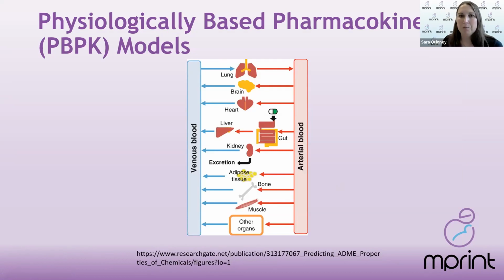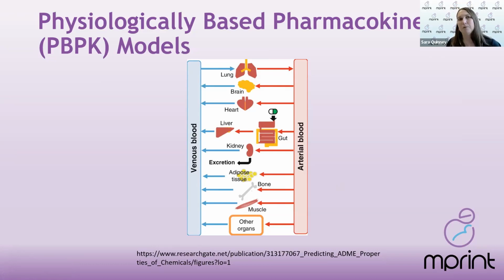But there are often times when we don't have sufficient clinical data to fit a population pharmacokinetic model or a non-compartmental or empirical compartmental model. And often these studies in pregnancy and pediatrics can rely on physiologically based pharmacokinetic modeling. PBPK modeling, unlike PopPK modeling, is a bottom-up approach.